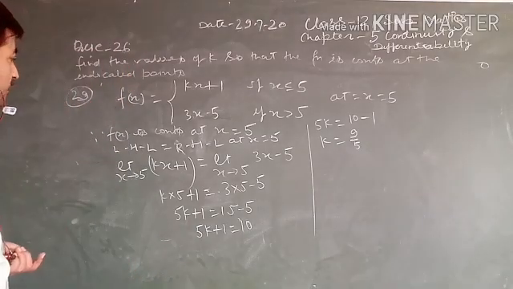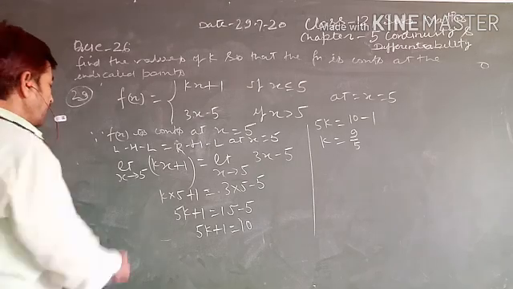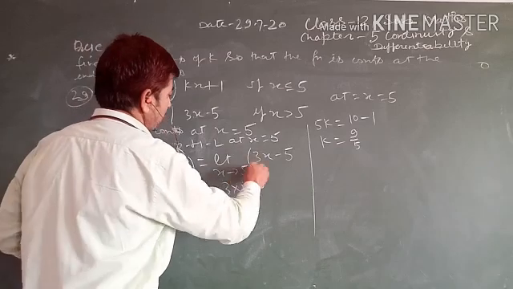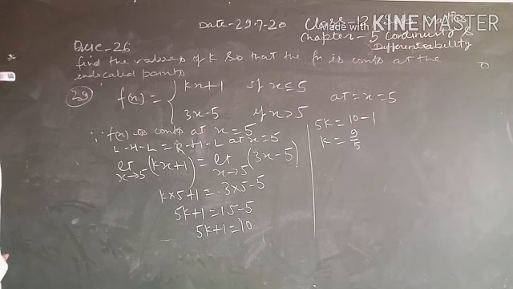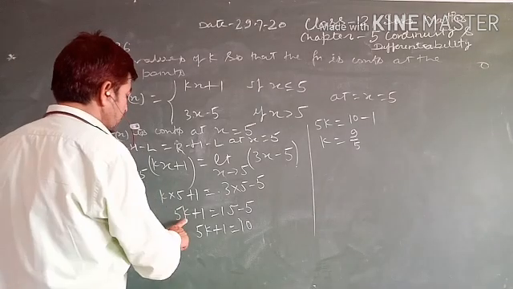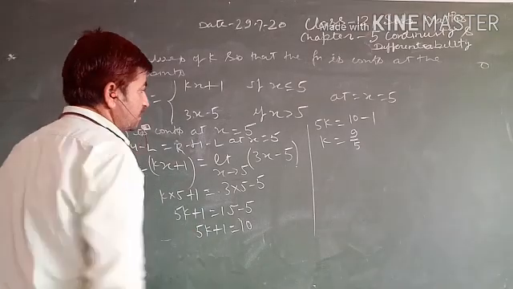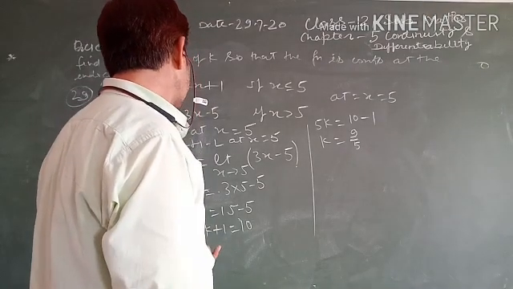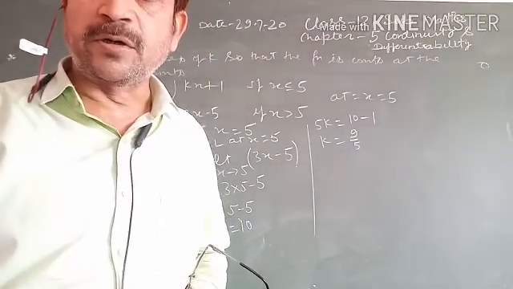So LHS is equal to RHS at x equal to 5. LHS is limit x tends to 5 of kx plus 1 and RHS is limit x tends to 5 of 3x minus 5. On assigning the limit, LHS is equal to 5k plus 1 and RHS is equal to 10. On transposing 1 to RHS we get 5k equal to 9, k equal to 9 upon 5.